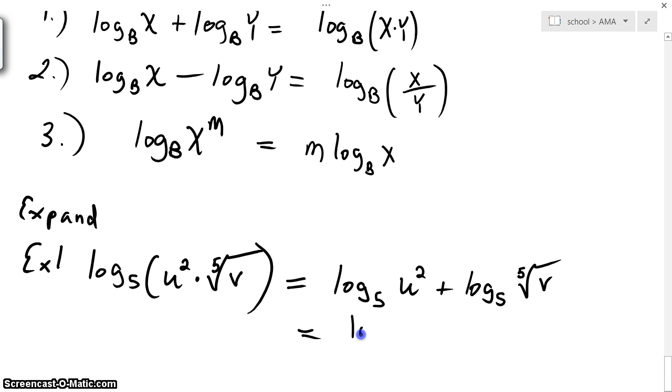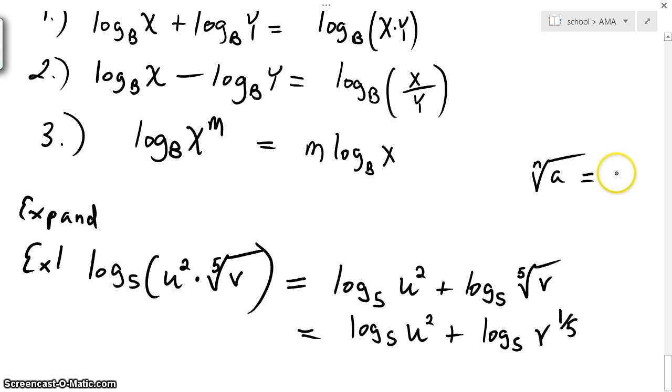Now, a fifth root, I think it's very important for us to remember this just as well. A fifth root could be written as a 1/5 power. Hopefully you remember that from earlier classes, like pre-calculus: the nth root of a can always be written as a to the 1 over n power.